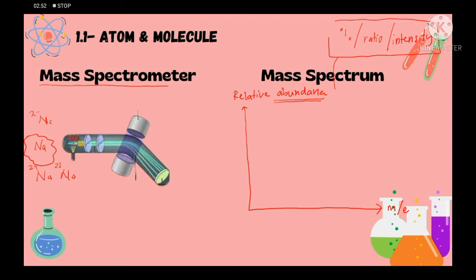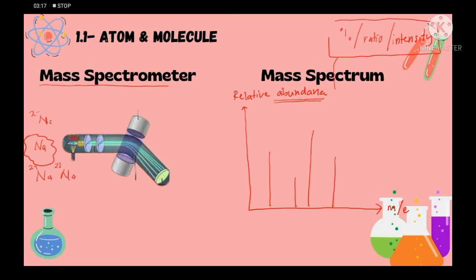For example, if we had a sodium sample, and this is only an example, the data given would come out something like this, and each peak indicates how many isotopes sodium has. If they indicate 4 peaks, sodium has 4 isotopes.